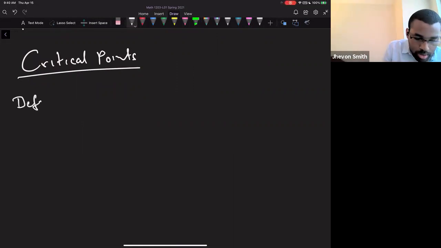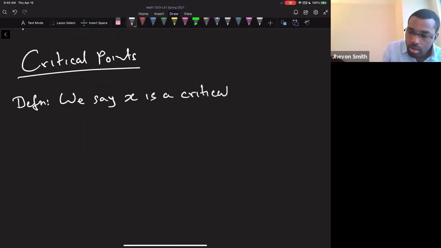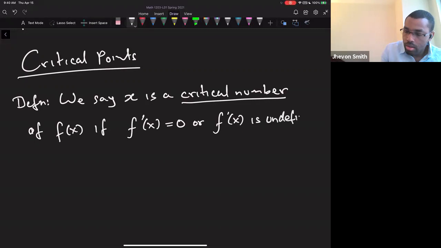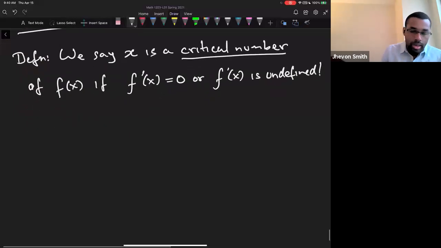So, definition: we say x is a critical number of f of x if f prime of x equals 0 or f prime of x is undefined or does not exist.